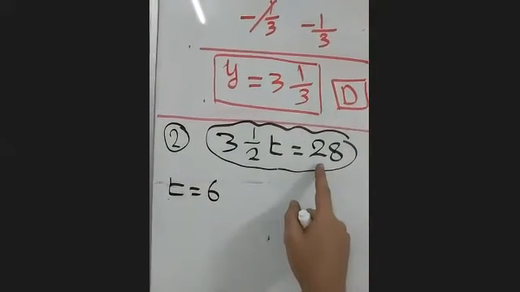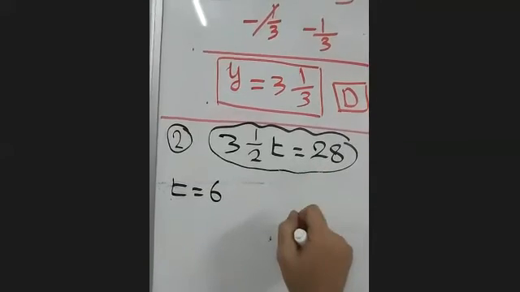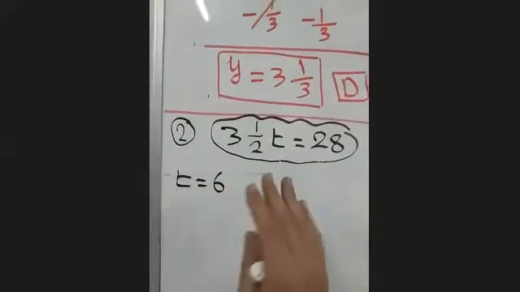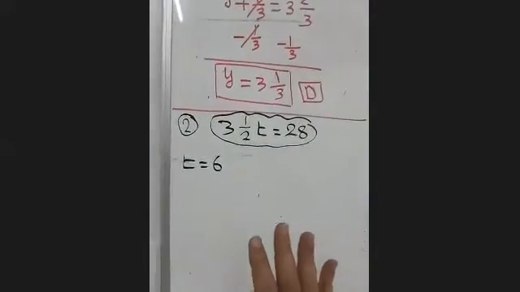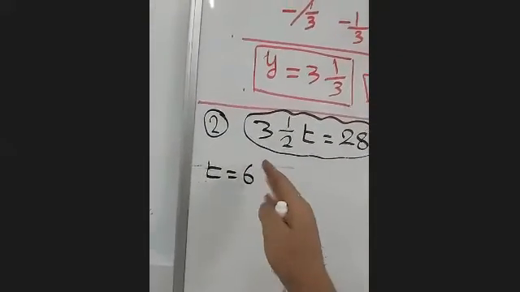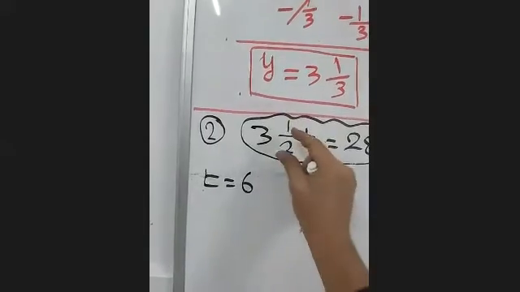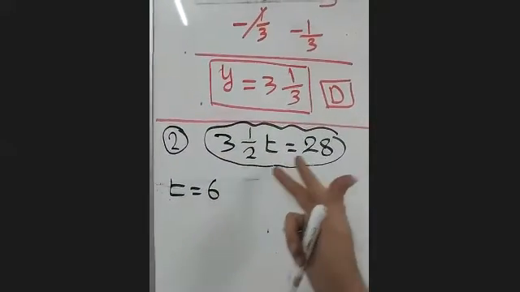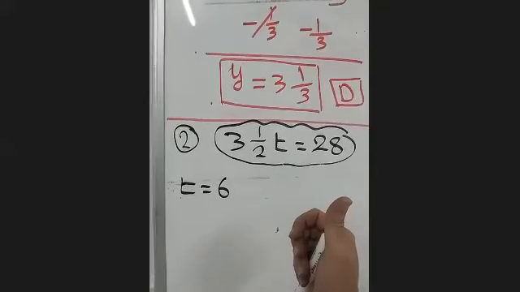It is far away from 28, so let's make it bigger. We are guessing. Let's make the 6 bigger, because the half is a small part compared with the 3, and 3 times 6 is 18, far from 28.